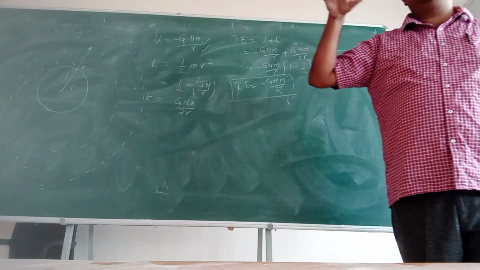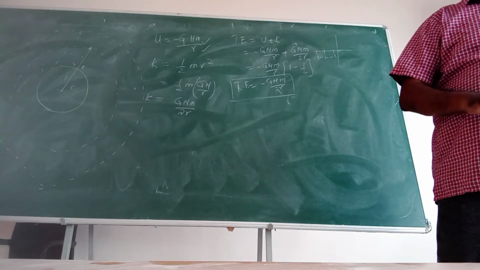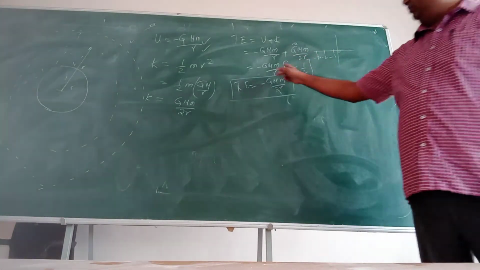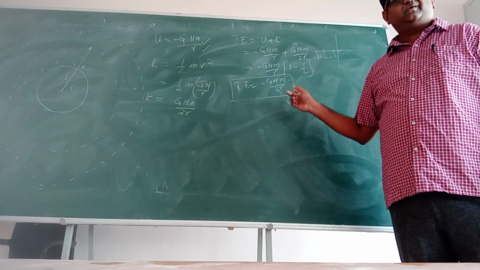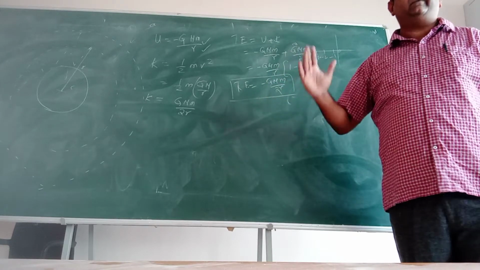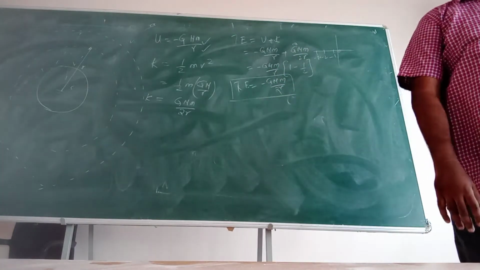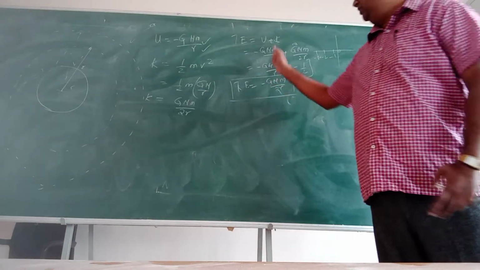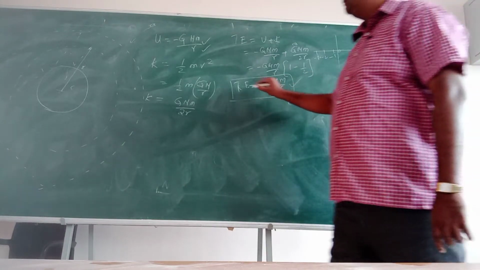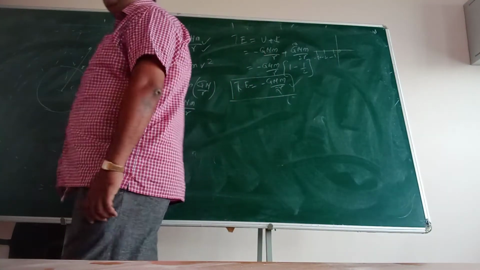That means it is still under the influence of the gravitational field. Can I make that assumption? Because the total energy is negative, it is still under the influence of Earth's gravitational field. Okay? This is one point. So, write down this expression. You should know this.